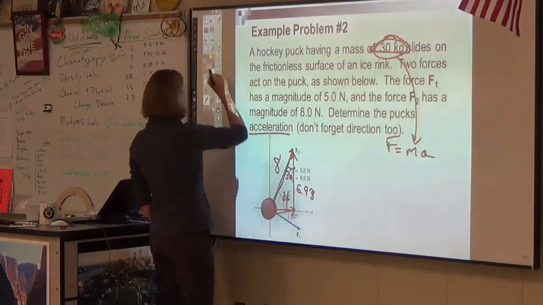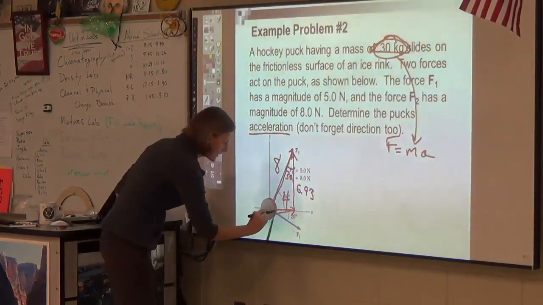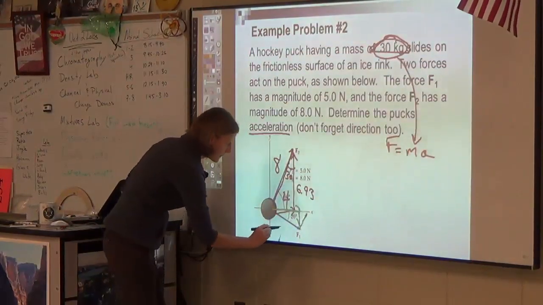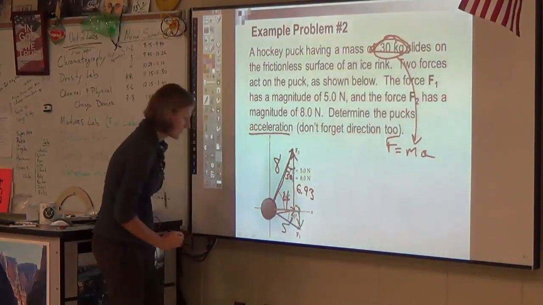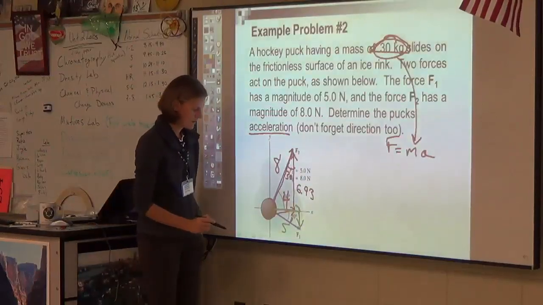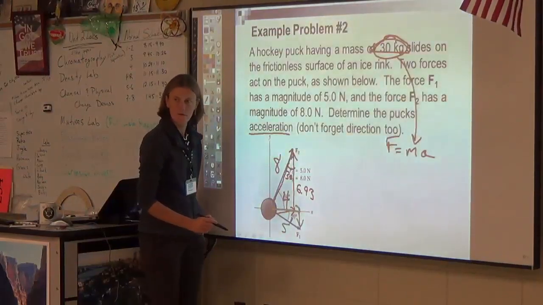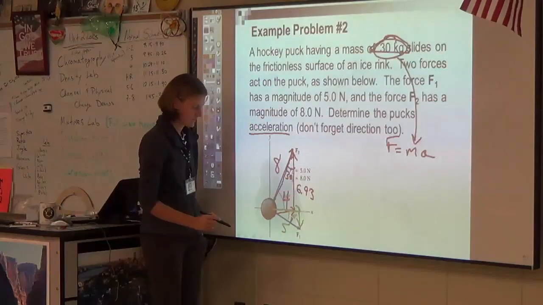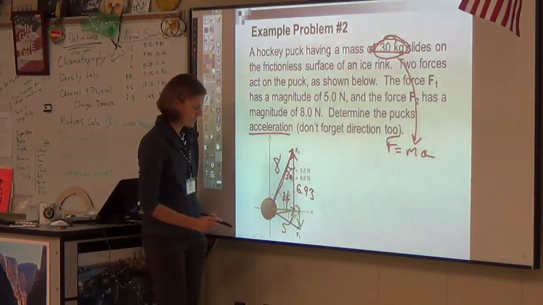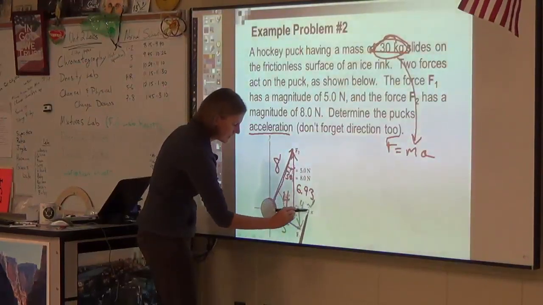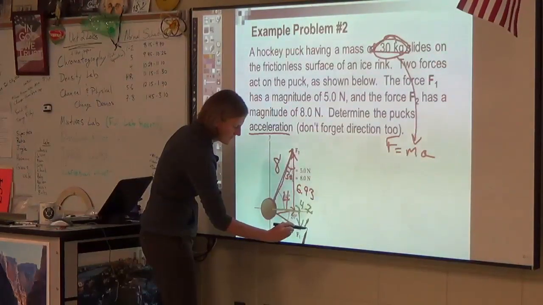Okay. All right, now do the other force. So I don't have any tricks for a 20-degree angle, but our hypotenuse is 5. I've got an angle of 20. The x is 4.7, and the y is 1.7.